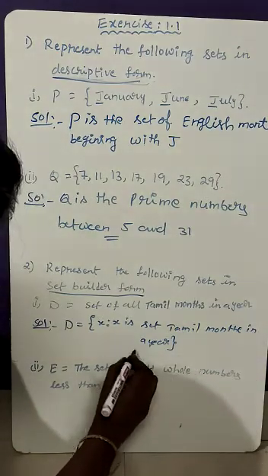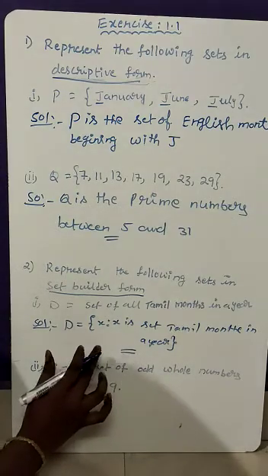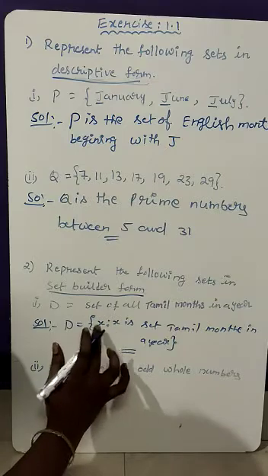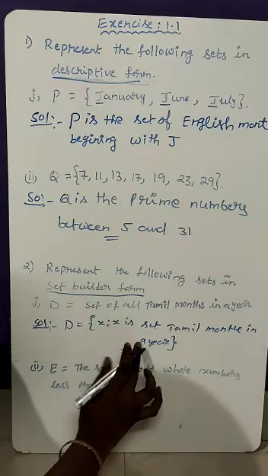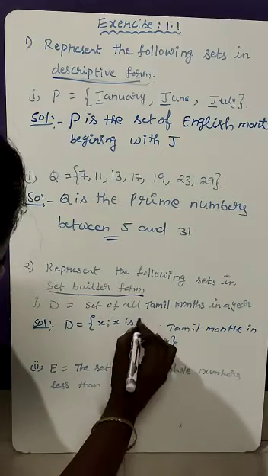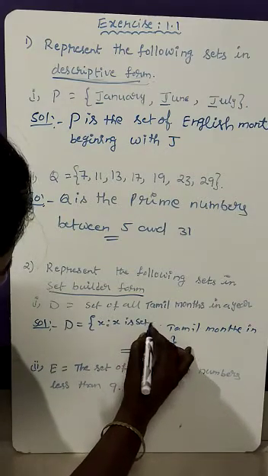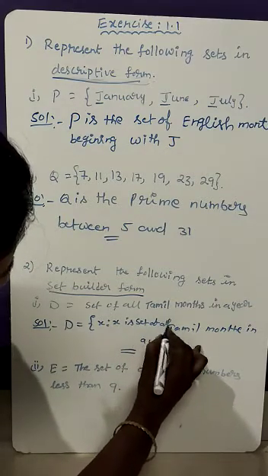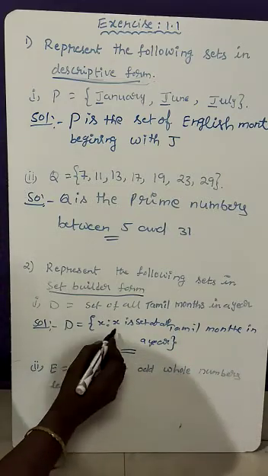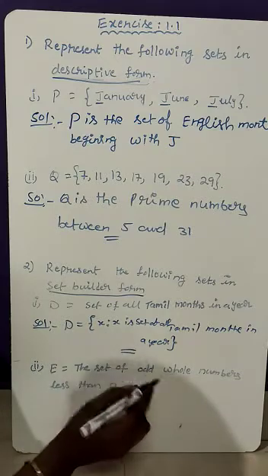Then close the bracket. So these are the set builder form. x such that x is a set of all Tamil months in a year. So this is the rule, x such that x, that is the set builder form.